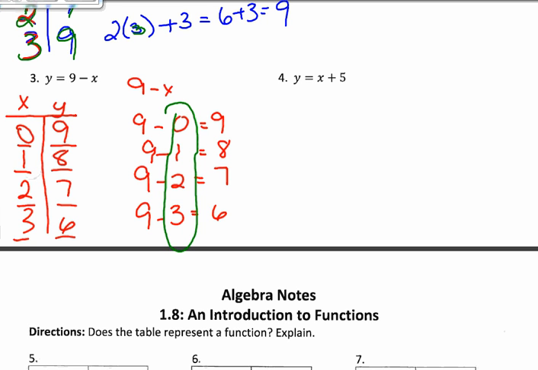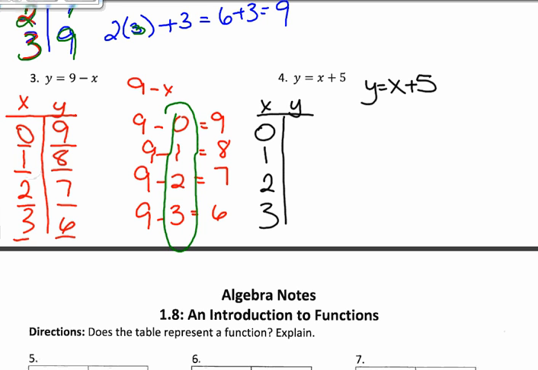Let's go through and do number 4 here real quick to make sure you got it. So here's our T-chart, x, y. You could also write input-output on the top. And it wants us to use 0, 1, 2, and 3. So anywhere there's an x, we're going to put in our numbers. 0 first, so 0 plus 5. We simplify and get 5.